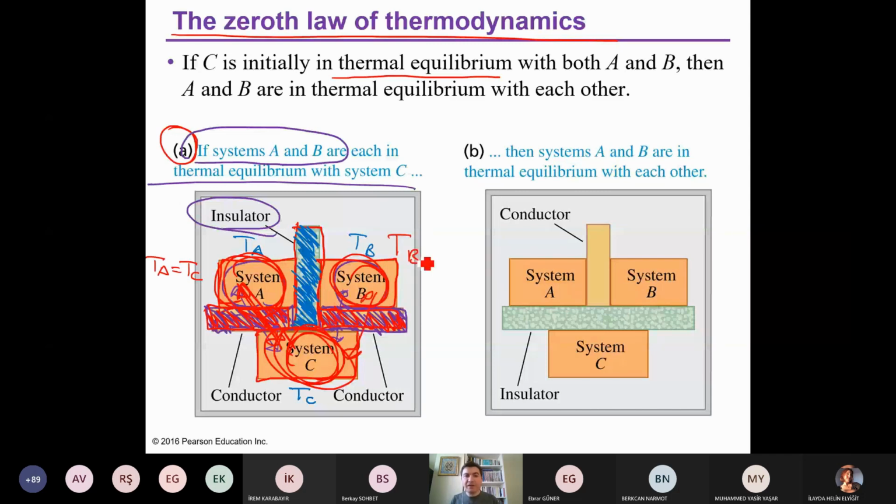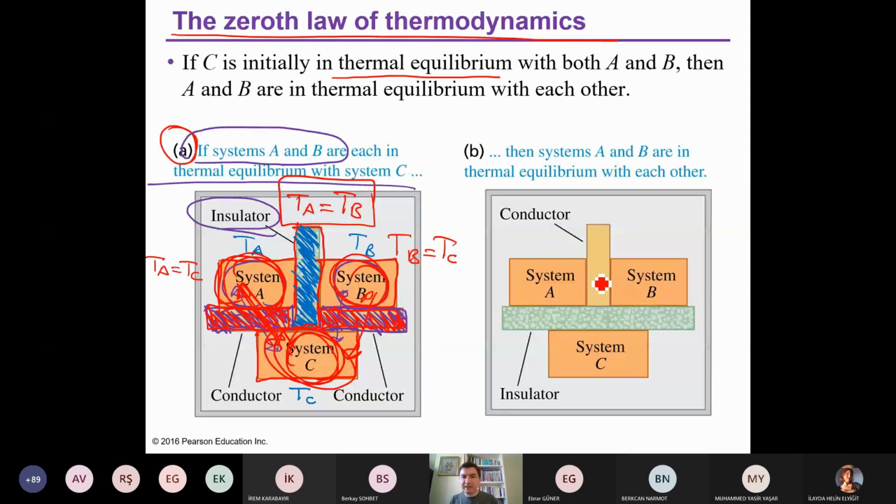Then if A and C and B and C are in thermal equilibrium, then I can write that TA and TB are equal to each other. They are also in thermal equilibrium. Look at this system. Look at this one here on the right side.